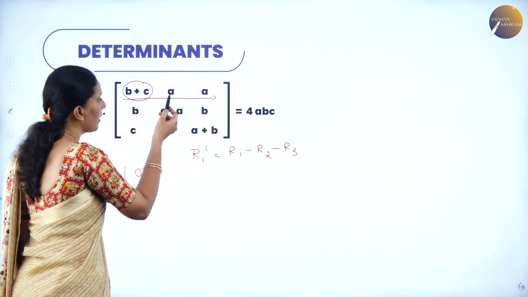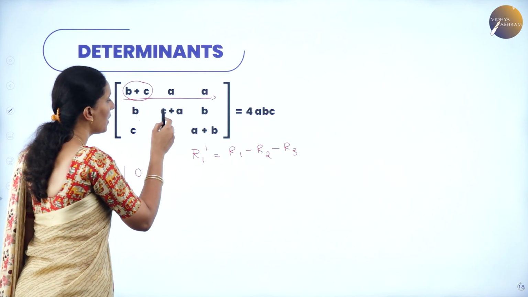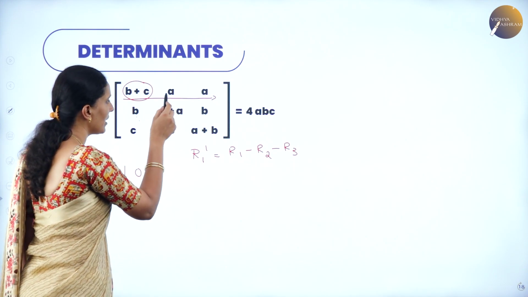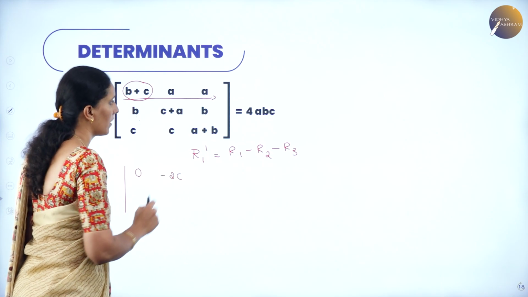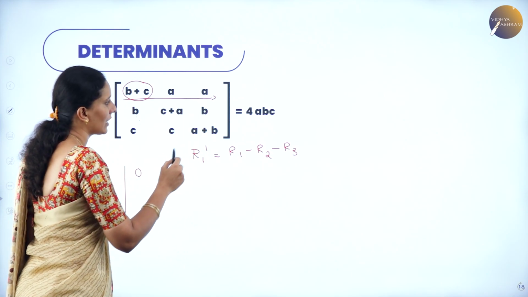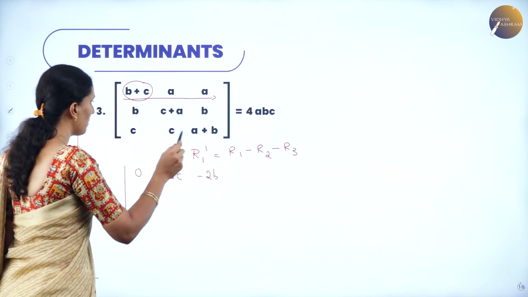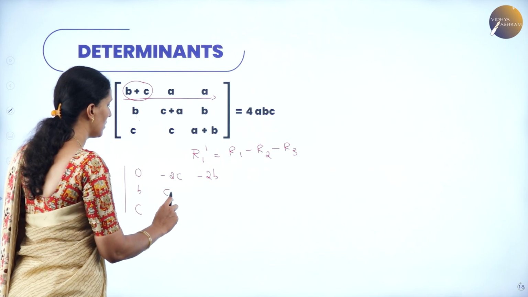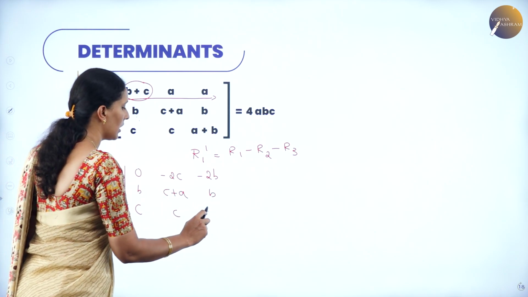Next, A minus C plus A minus C minus A becomes minus 2C. Next, A minus A cancels, minus B minus B becomes minus 2B. Write the remaining elements as they are: we have B, C, C plus A, and here we have C, B, A plus B.